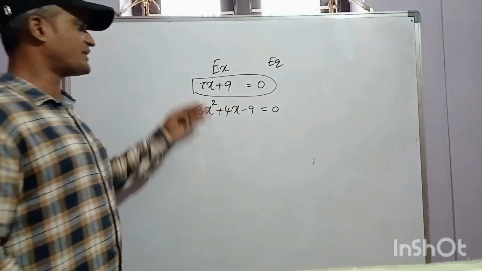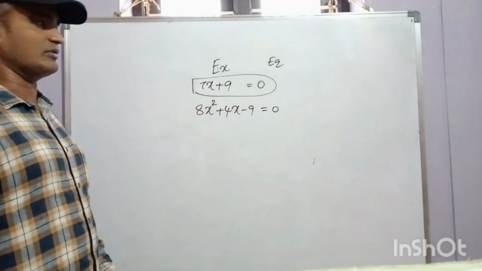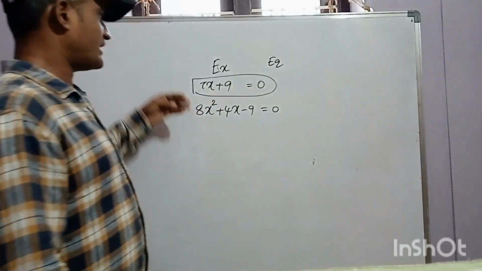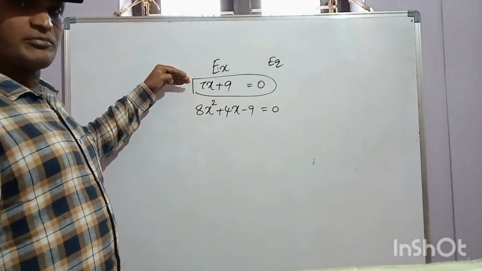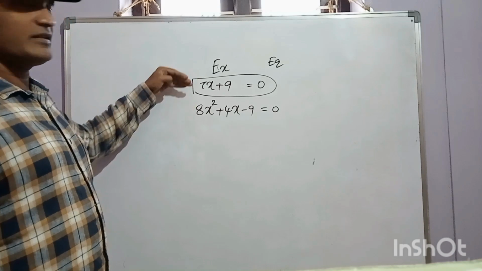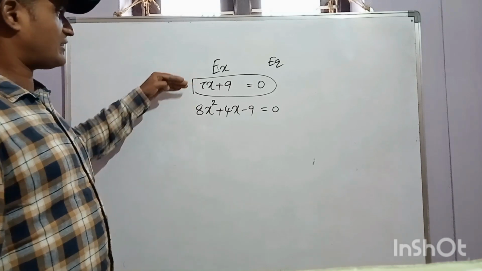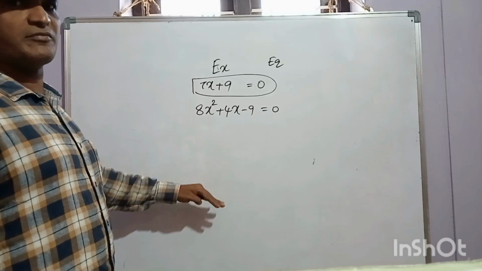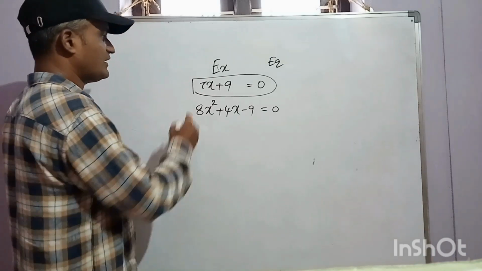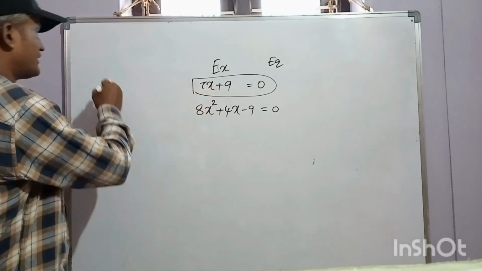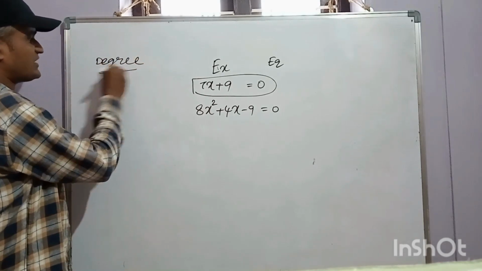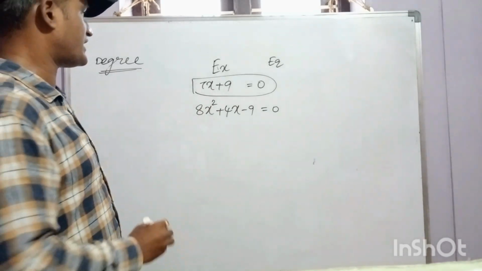These are equations with only one variable. Just like polynomials, we divide them into different types depending on the degree. The degree of the polynomial means the highest power of the variable.